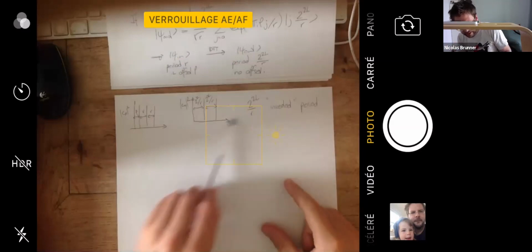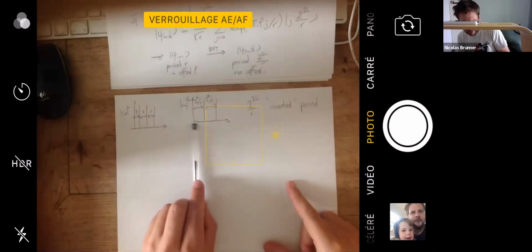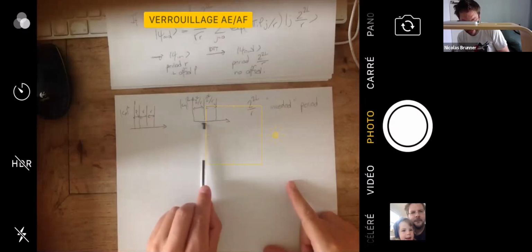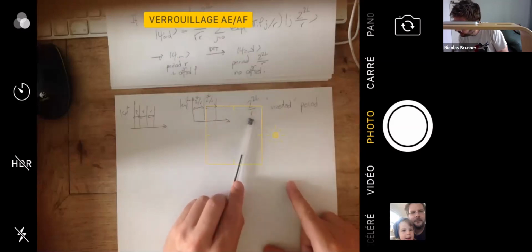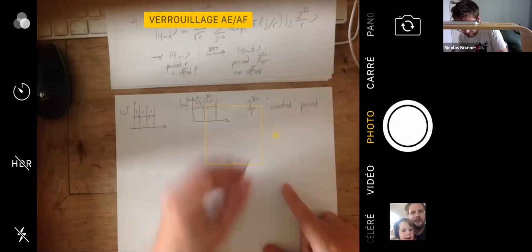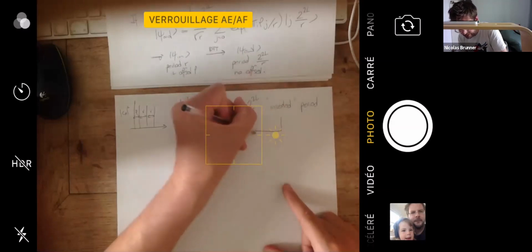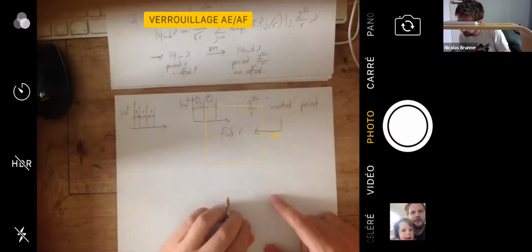And now, if I can determine the period of this output state, which is easy because now I no longer have an offset, once I know this, I can find out what R is.